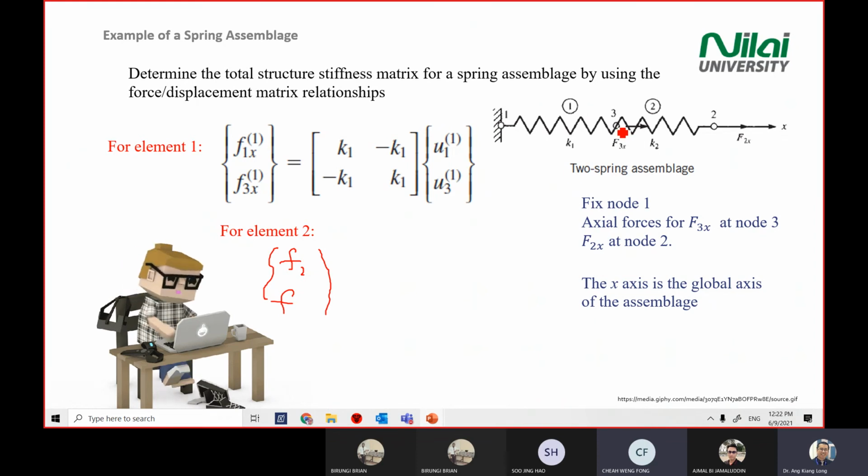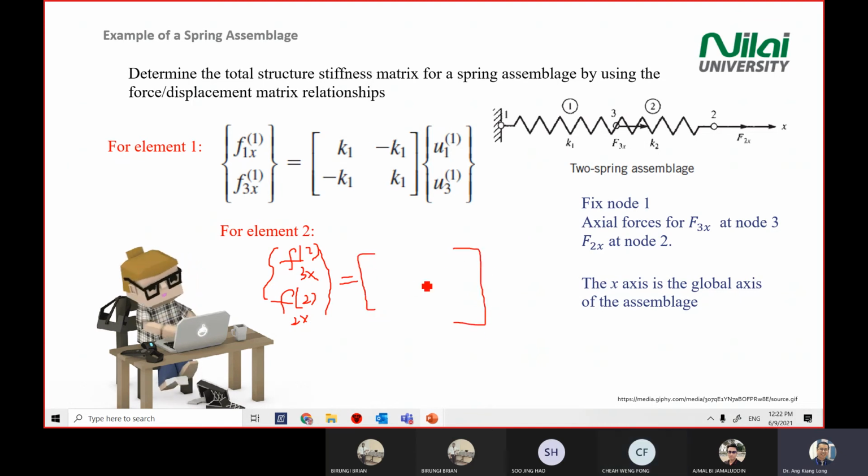What is F3? F3x. And then the bottom one is F, then 2. The top one, you have to close it. The bottom one, F2x. Top one is 2. And equal.